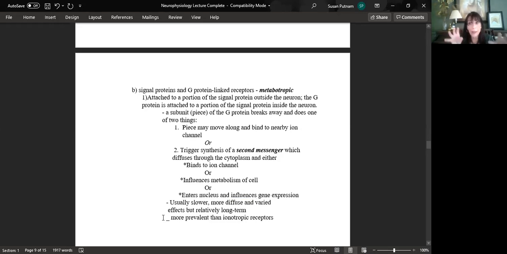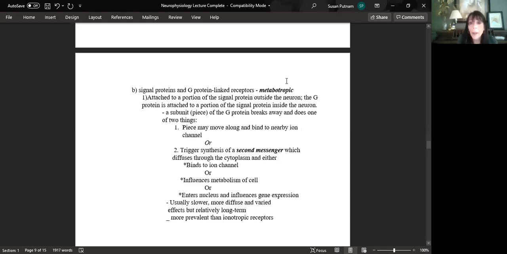I am a tricky second messenger. And I can get right into the nucleus of this postsynaptic neuron and start messing with the products so that I am influencing the gene expression of that neuron. This is a big deal.